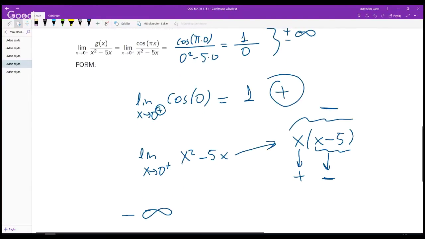This is a very important part when the limit is infinite, when it is like a over 0. You must check the signs. By checking the signs, you will find whether the limit is positive infinity or negative infinity. Is that clear?